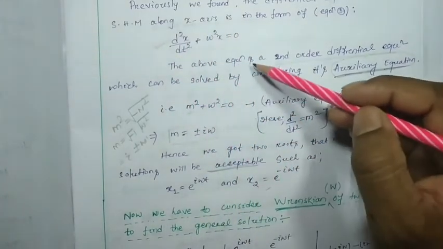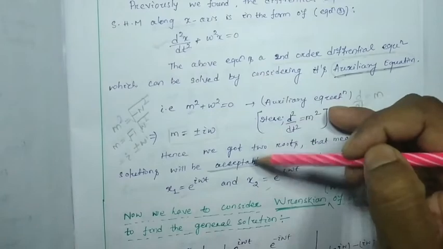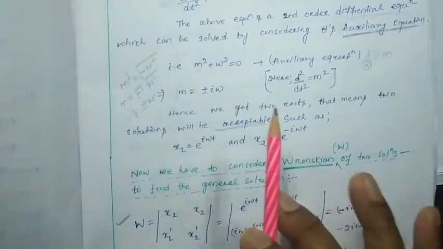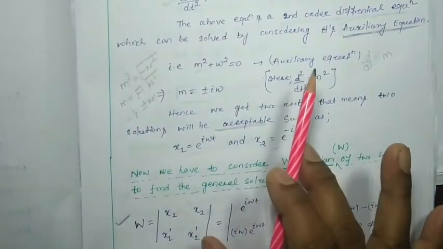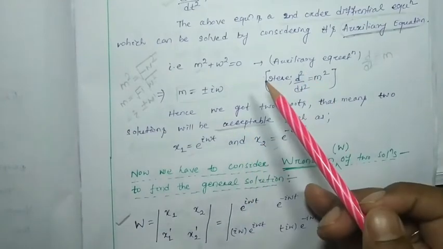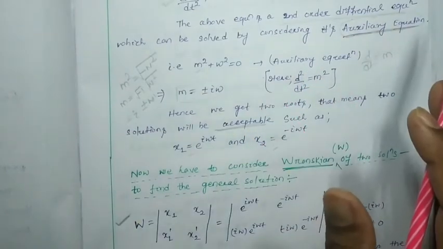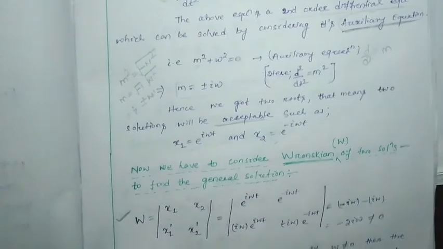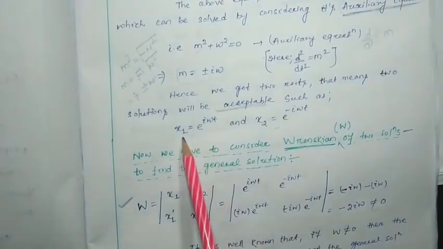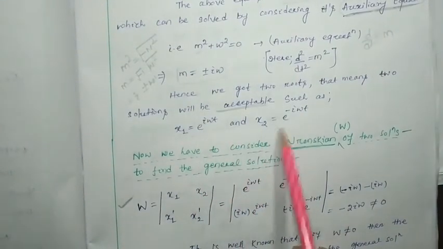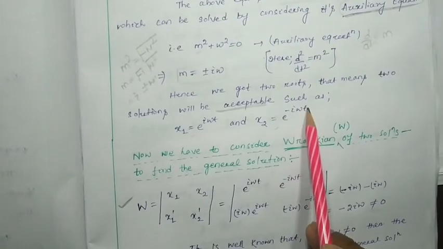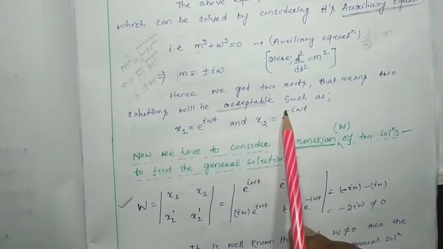I suggest you just follow the steps I followed to find the solution now, and in detail, whenever you study it in your mathematics, you will be fully clear. So we got the 2 solutions: x1 equal to e to the i omega t, x2 equal to e to the minus i omega t, both acceptable.